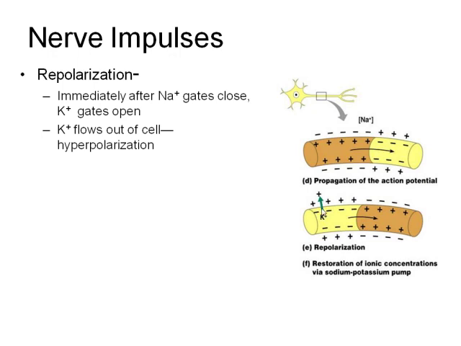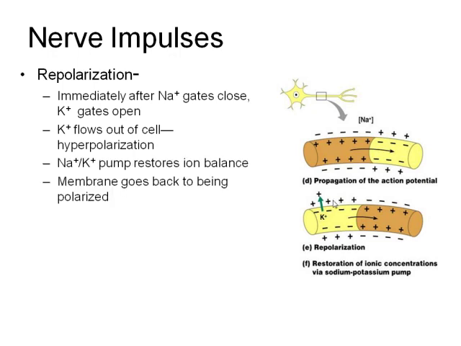Usually we overdo this a little bit because opening and closing the gates is not a very specific thing, and we tend to make it even more positive outside the cell than it was to start with. We call this hyperpolarization. But the sodium and potassium pumps kick in and completely restore the balance, making just the right number of sodium ions on the outside, just the right number of potassium ions on the inside, and we go back to being polarized.